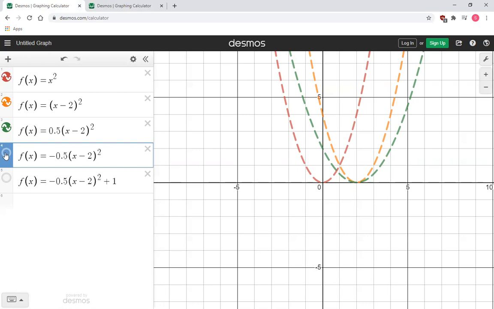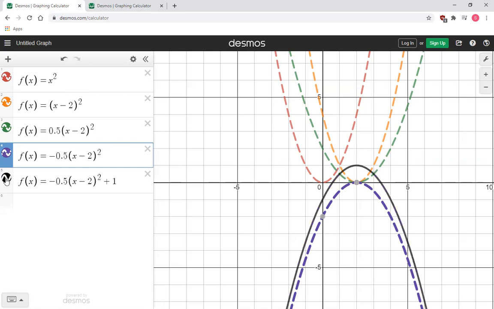The negative sign is going to flip us or reflect us over the x-axis. So now we're flipped over the x-axis. And then our final step was to shift it up by 1. And we have the graph of the function negative 0.5 (x minus 2), the quantity squared, plus 1.